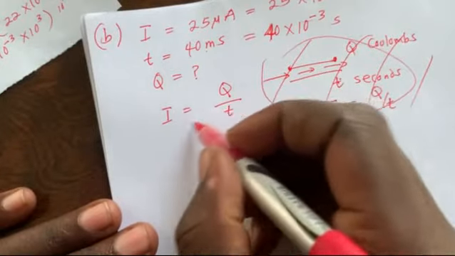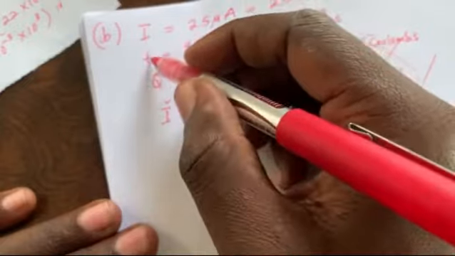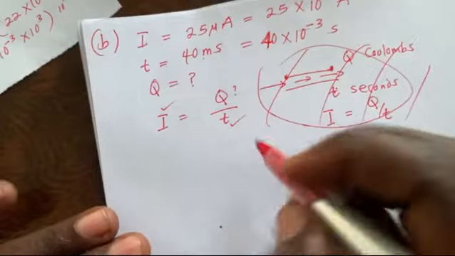This means we are going to use this formula. We are given I, we are given T, but we don't know Q. So we make Q the subject of the formula.